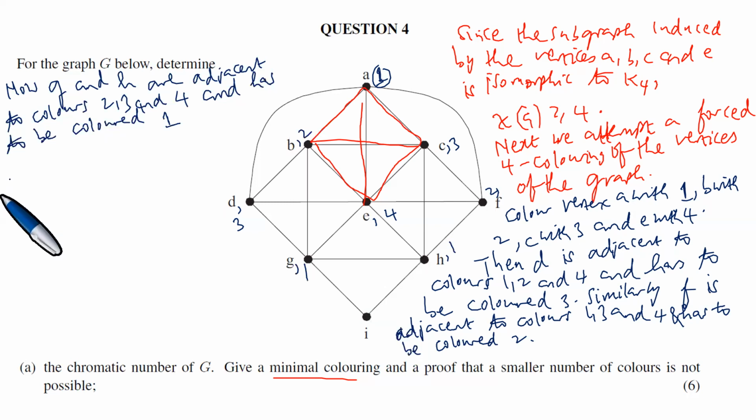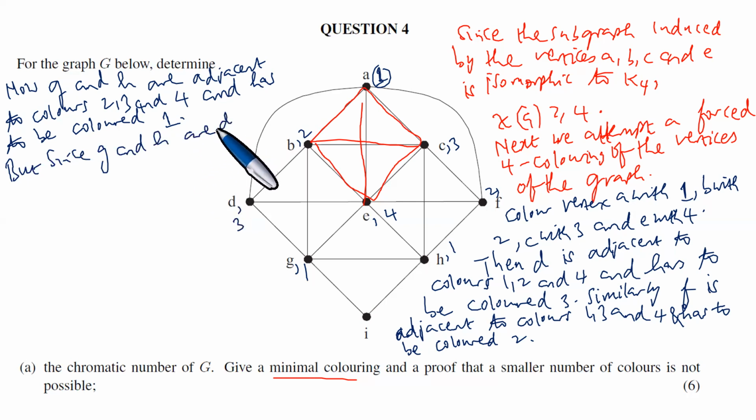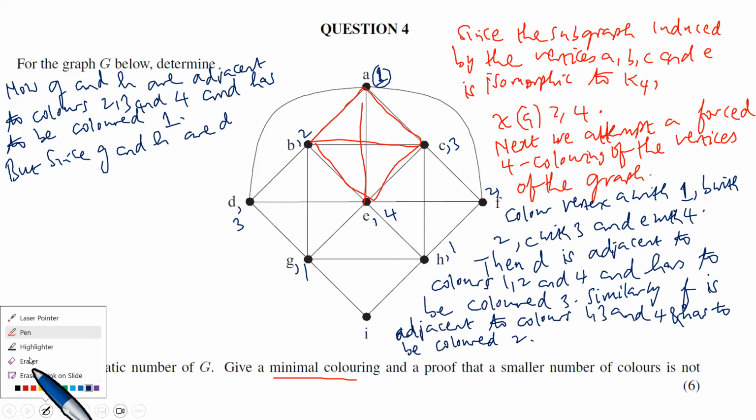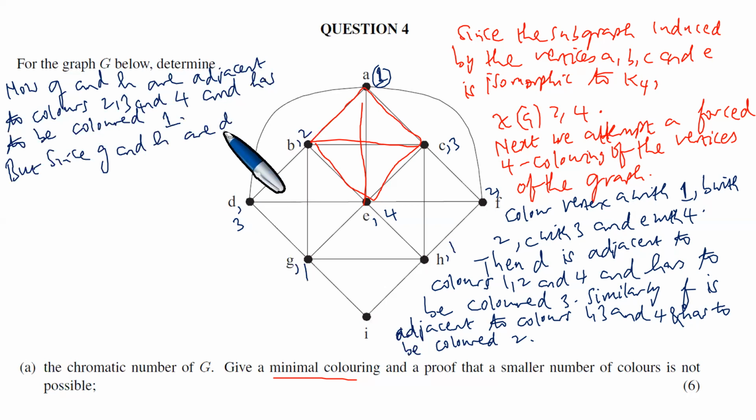But since G and H are adjacent, it's not possible to have this kind of coloring, because you can't have two adjacent vertices having the same color. The idea of coloring is to have adjacent vertices with different colors.